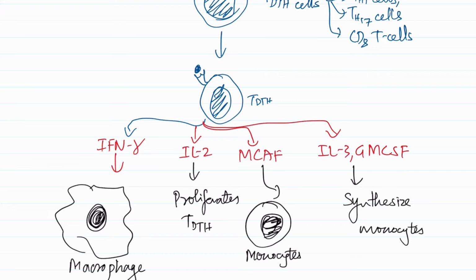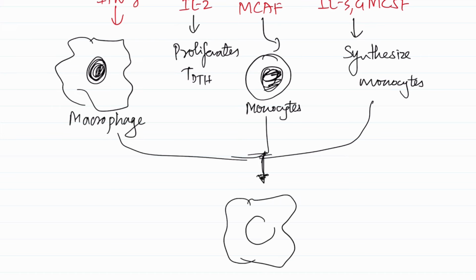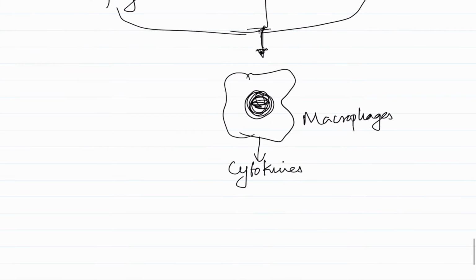Now what happens? These macrophages, the monocytes and all the newly synthesized monocytes, all differentiate into macrophages. Eventually we will have lots of macrophages, and these macrophages will continue to release cytokines. Several cytokines are released, and these cytokines will cause inflammation.